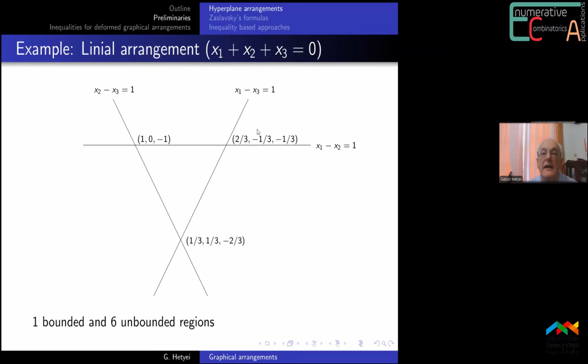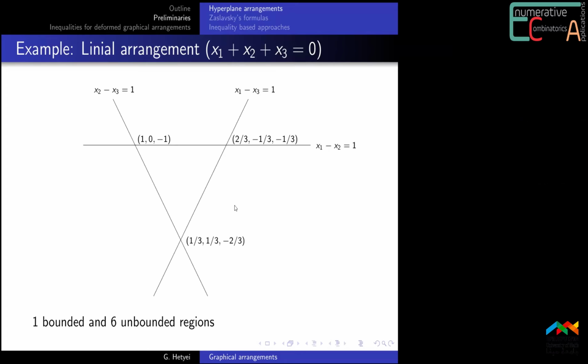By intersecting this with this hyperplane, you get one bounded and six unbounded regions. I will also mention another paper where instead of this, they talk about relatively bounded regions.